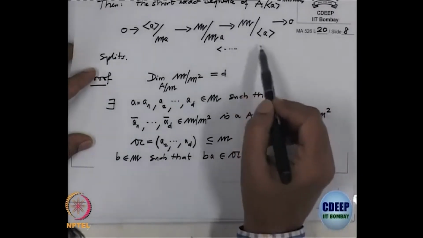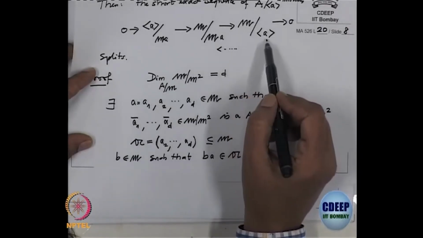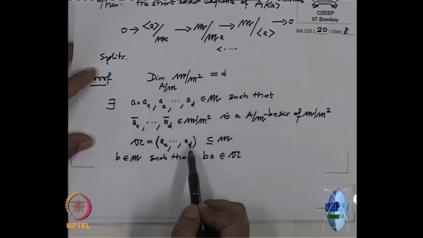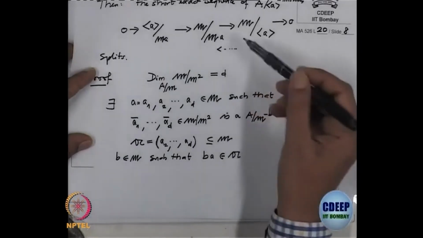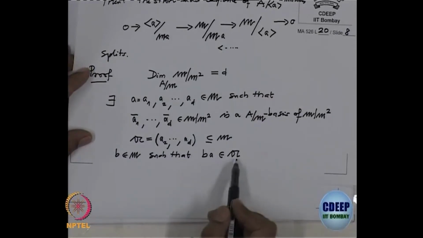Yes. So, what is this? See, M by M modulo the ideal generated by A2 to AD, because I have killed those, and then I am trying to define a map. So, I want to analyze the situation when B is in M, so that B times A is in the ideal, then what happens? Okay.